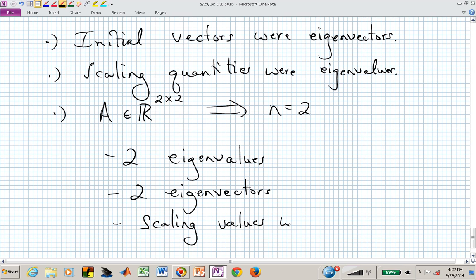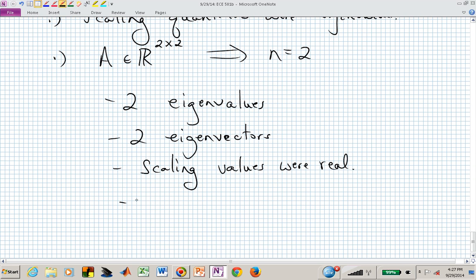The scaling values were actually real numbers, and the A that we were using, the matrix, was diagonal, and the eigenvalues were actually right on that diagonal.